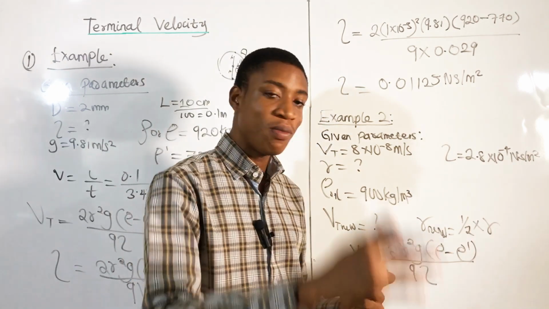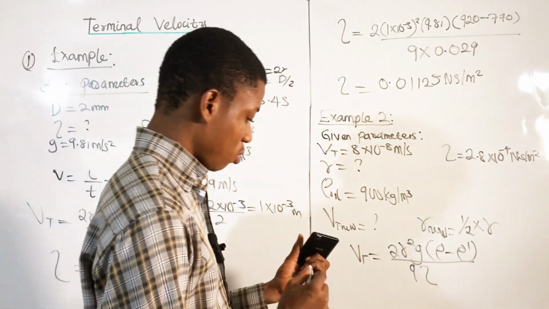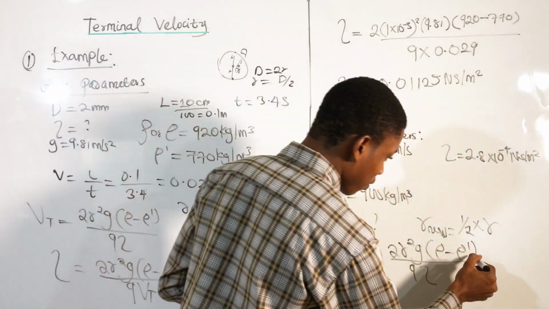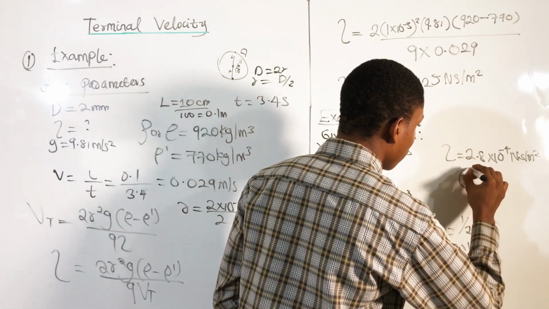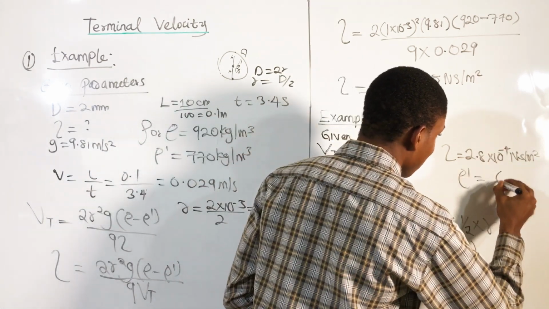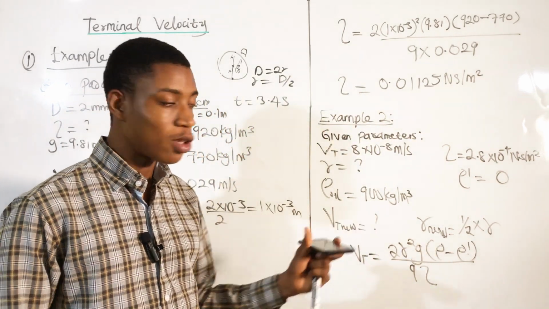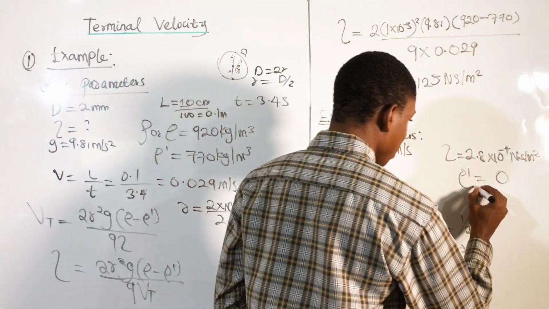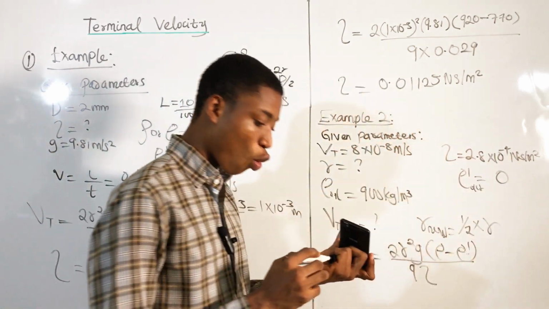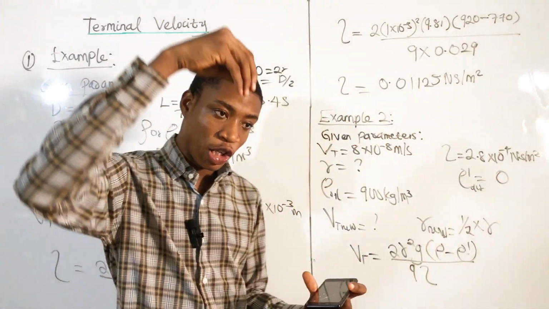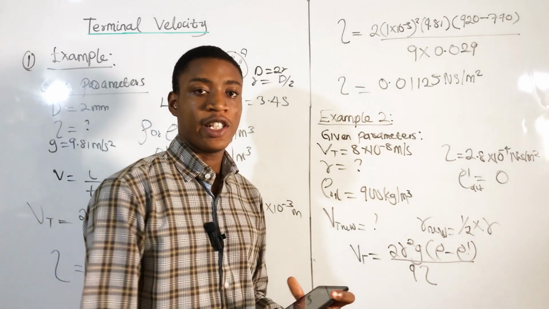The air, which is the medium it falls through. And this is the density of the air, which is rho prime. So if they say we should neglect it, we take it as 0. So neglect the density of air. Then the object in this case is the density of the oil. The object is the oil that is falling in a fluid.